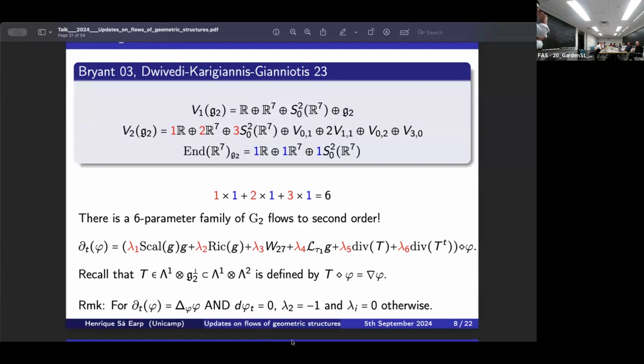Yeah, sure. That's it. But anyway, I hope I didn't get too chaotic, but there are other flows and other geometric structures. So basically, this is a paper that just got published, and I just started to study it.